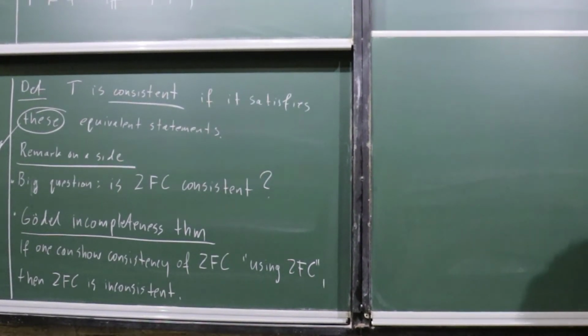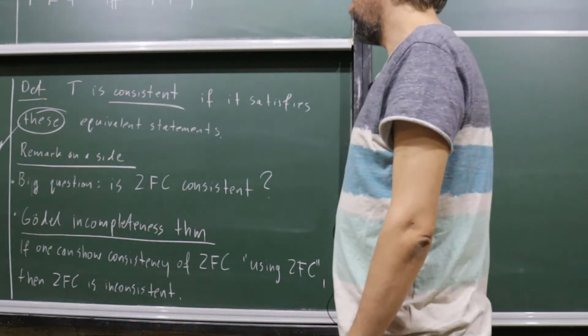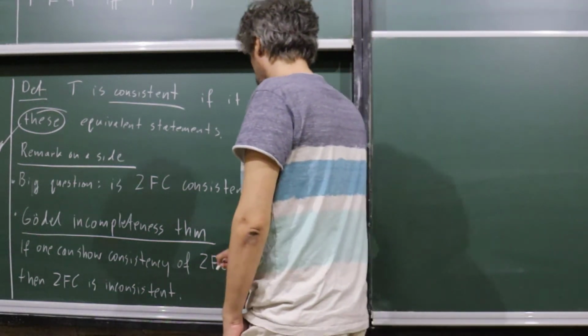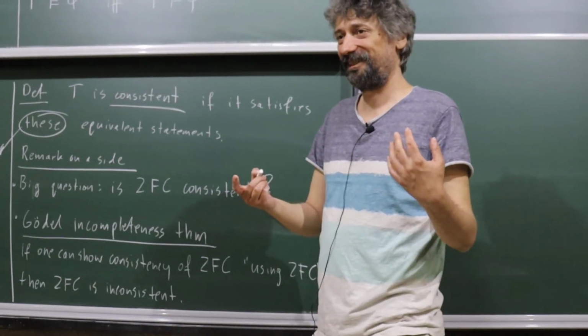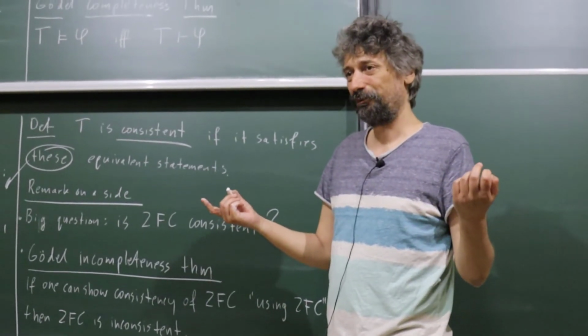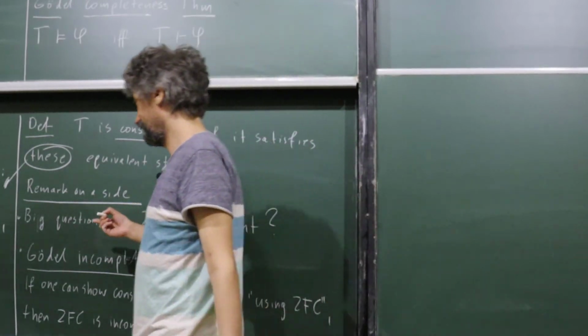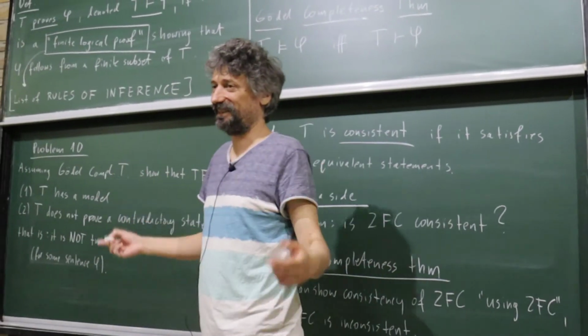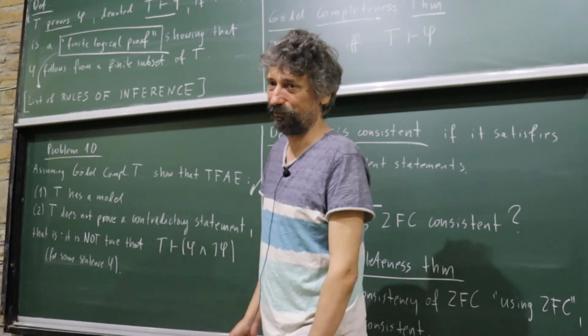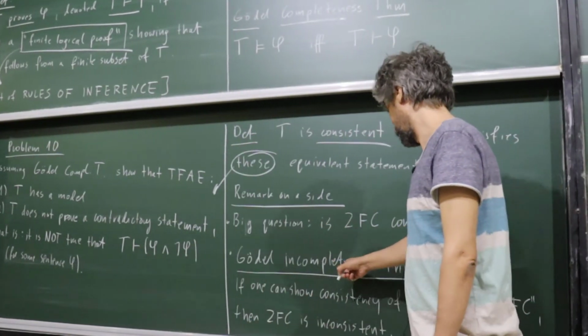Any theory, yes, like Peano arithmetic. So the thing is, any theory which can formalize its own proofs, performing proofs inside it, I would have to talk about this theorem.